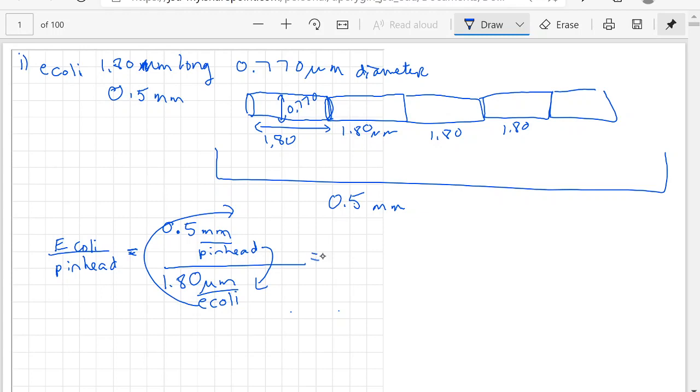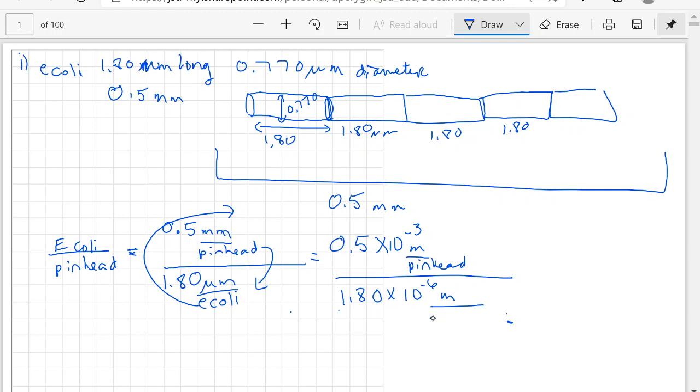So first we want to convert to standard units, and so let's put these in meters. A half a millimeter is 0.5 times 10 to the minus 3 meters, because a millimeter is 10 to the minus 3 meters. And that's per pinhead. And on the bottom we've got 1.80 micrometers, which is 1.80 times 10 to the negative 6 meters per E. coli.